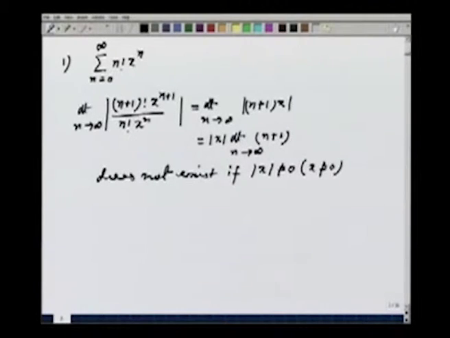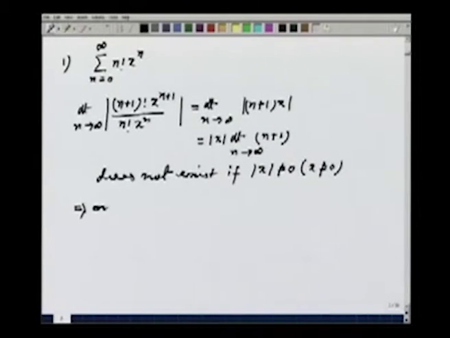On the other hand, what happens if I choose x to be equal to 0? Then look at the terms of the power series. It is factorial n times x to the power n. But if I choose x to be equal to 0, then all the terms of the power series are 0. So that certainly converges. So the conclusion then is that only for x equal to 0, the power series converges.